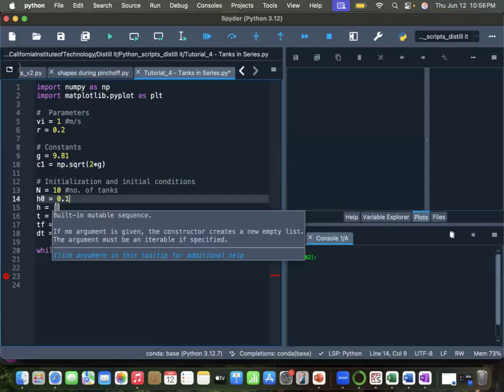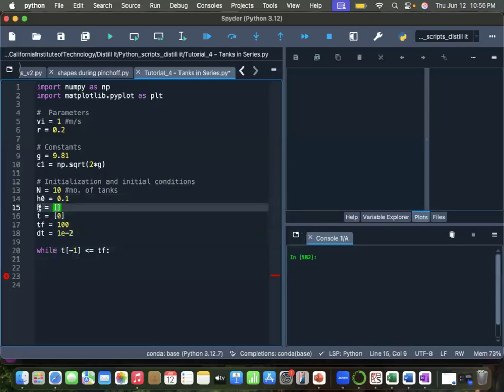So once again, the outside is going to be the main list. H is going to be a list, but each element in the list is going to be a numpy array. And the numpy array would comprise the heights of each of the tanks at different times, right? That's what each element in the numpy array would represent, right?